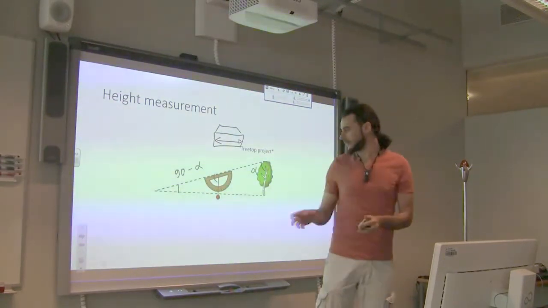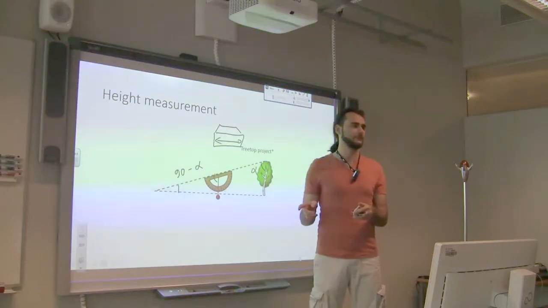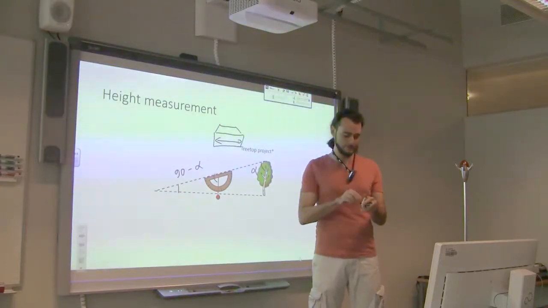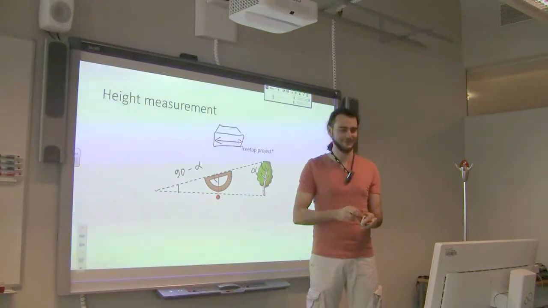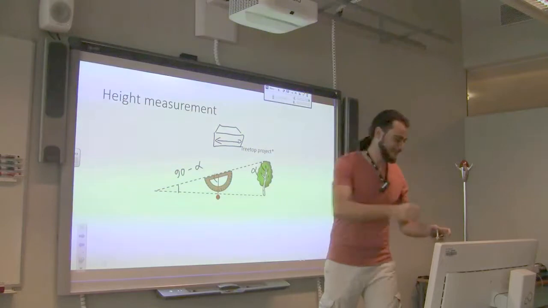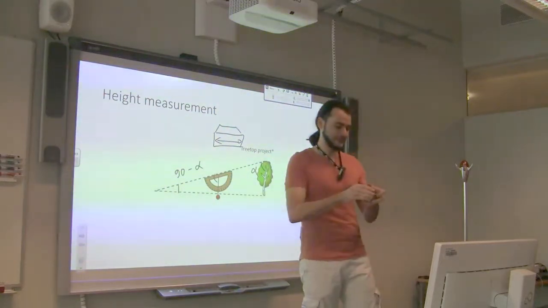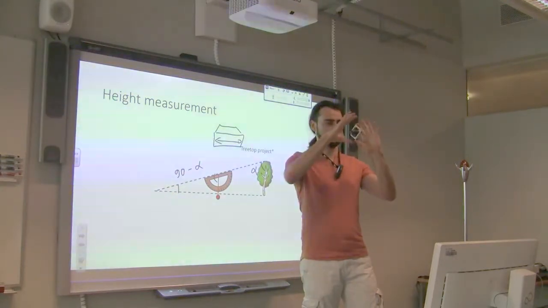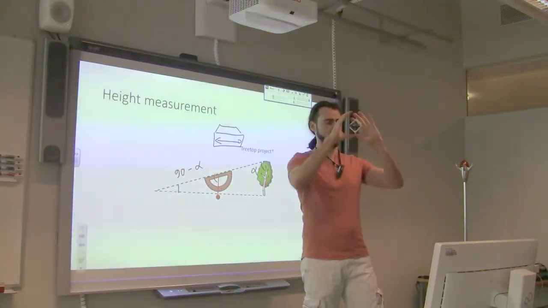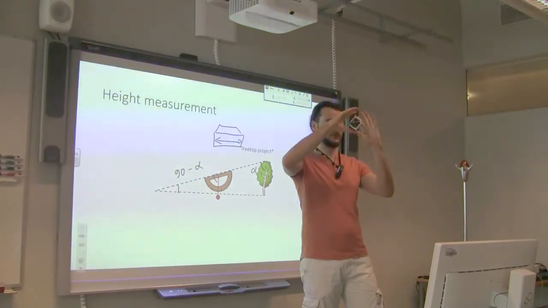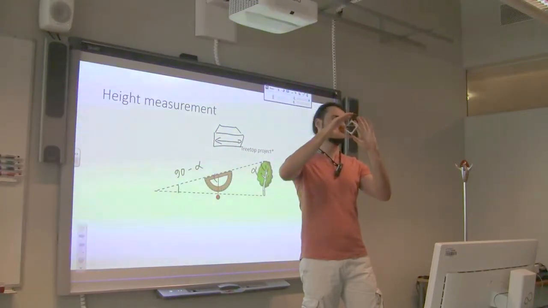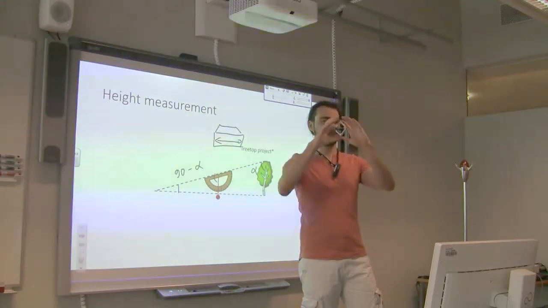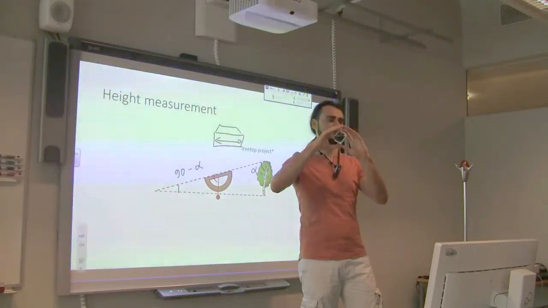Basically using that we could get this type of angle. I'm going to try to demonstrate and probably fail miserably, but anyway. The gyroscope has this nice property that it's going to try to maintain its orientation, no matter if you move the phone or not. So when you move your phone, the gyroscope stays at the same orientation, but the phone moving will enable you to calculate an angle here.